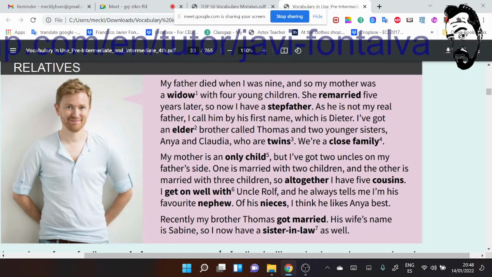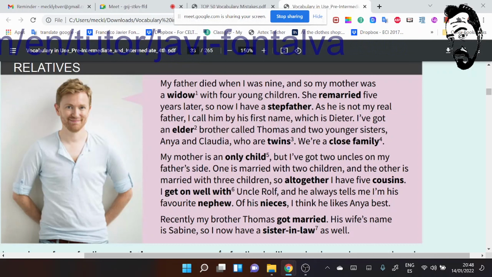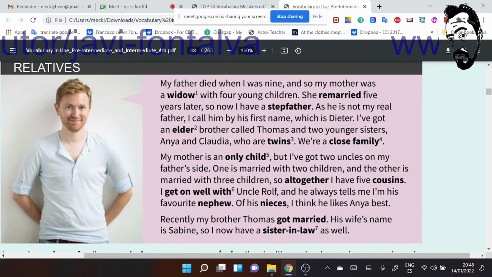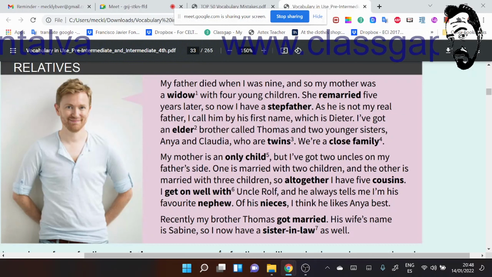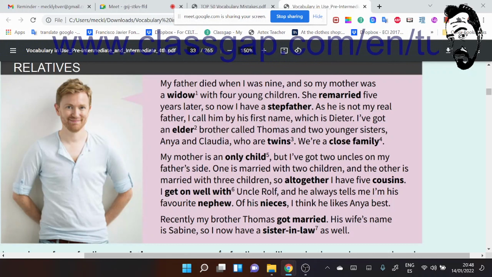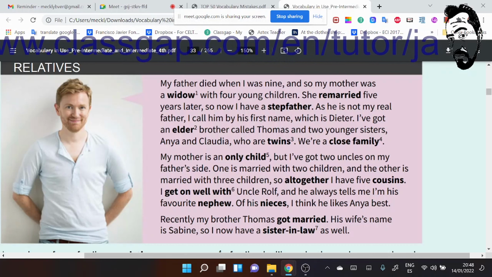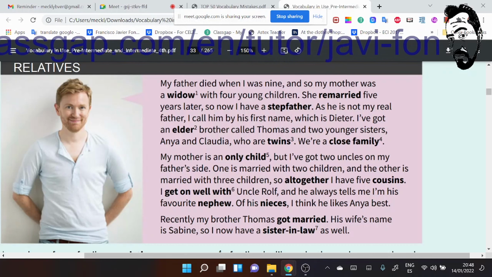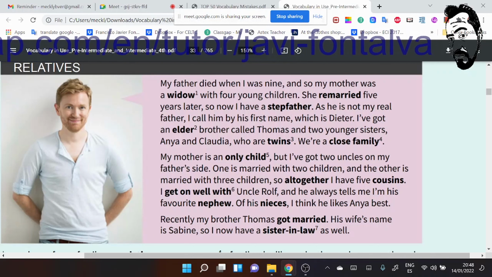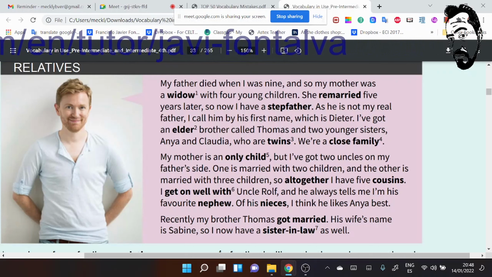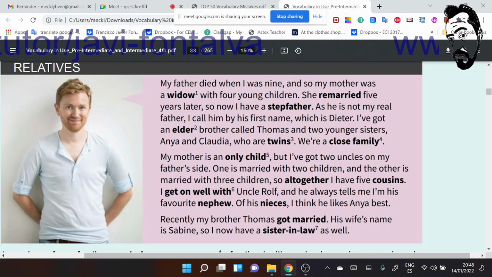So, altogether, I have 5 cousins. I get on well with Uncle Rolf, and he always tells me I'm his favorite nephew. Of his nephews and nieces, I think he likes me the best.